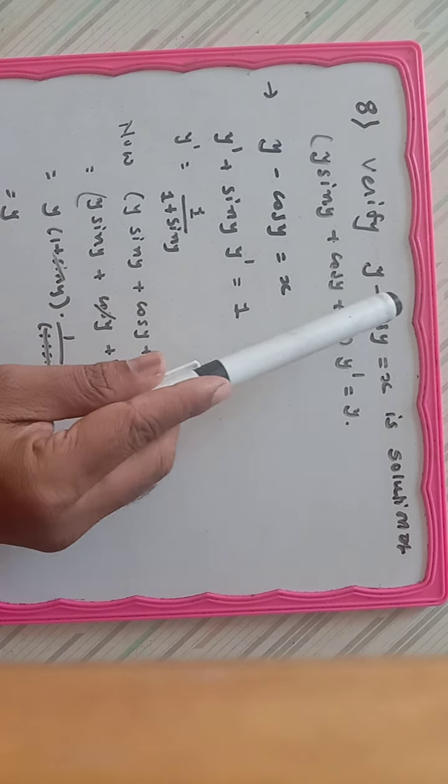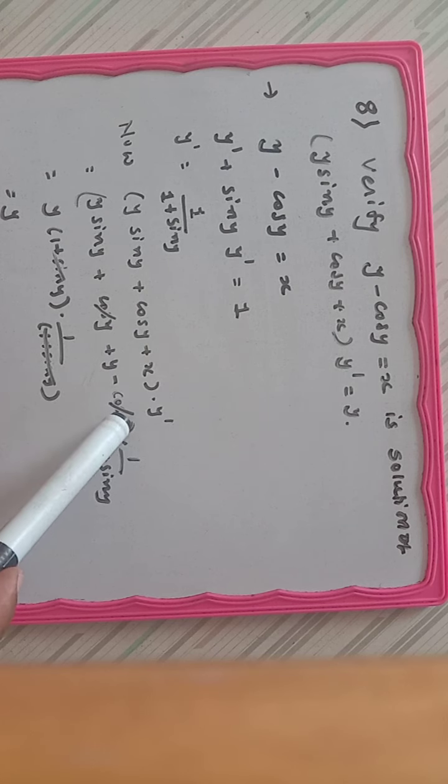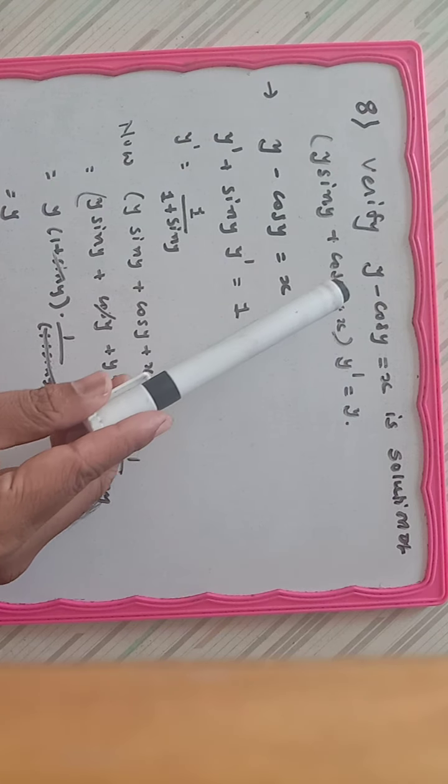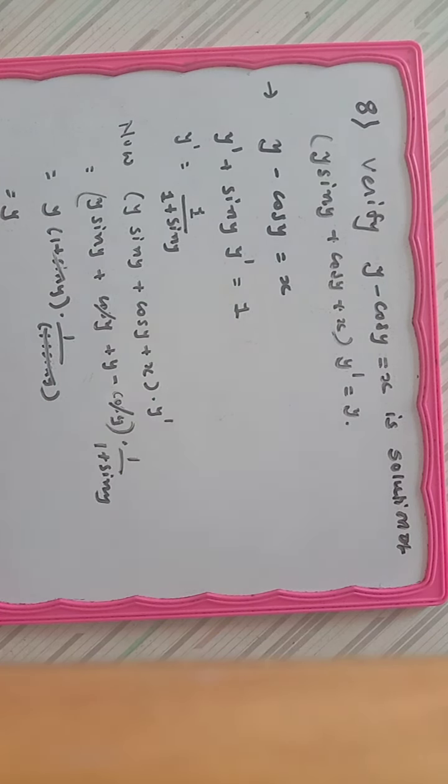So in this, x value we substitute y minus cos y, then cos y cancels. So y sin y plus y times 1 upon 1 plus sin y. So y we take out common, 1 plus sin y times 1 upon 1 plus sin y. So 1 upon 1 plus sin y is cancelled, and so we get y, and so we can say that yes, the given equation is a solution of the given differential equation.